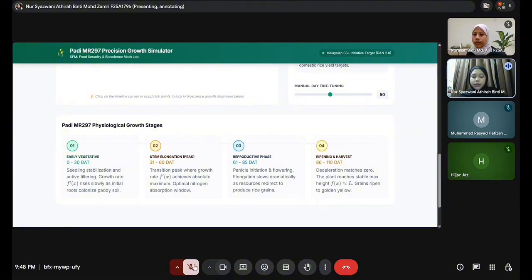This project shows that mathematical models are not only useful in the classroom, but can also contribute directly to sustainable agriculture and national development. Thank you for your attention.